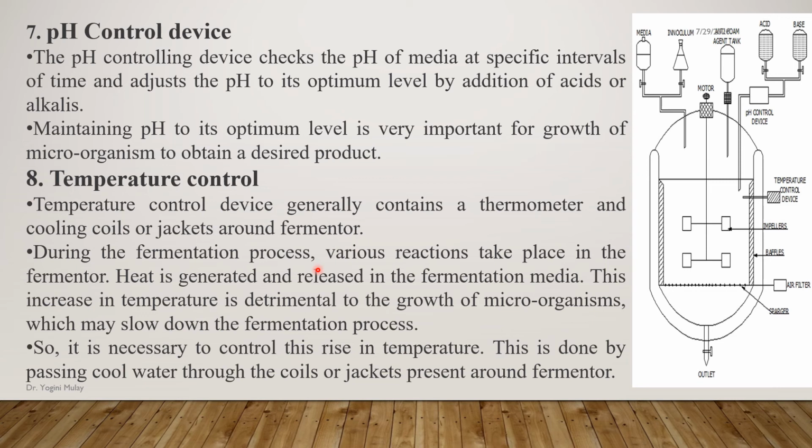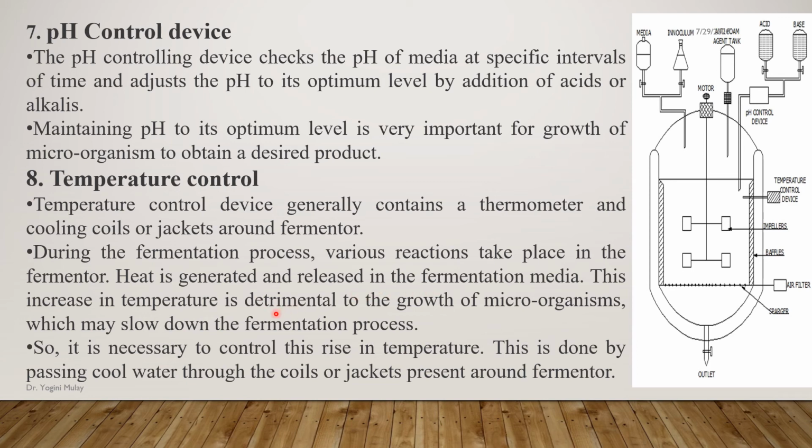Because in some fermentation processes, as various types of reactions take place, some reactions result in the generation of heat, and because of that the overall temperature of the fermentation media increases.